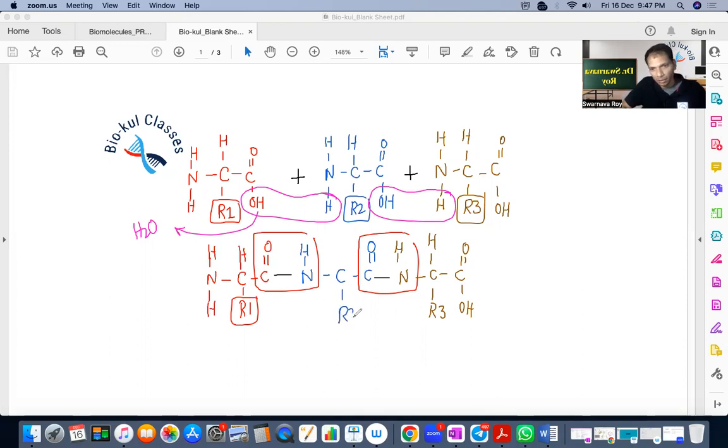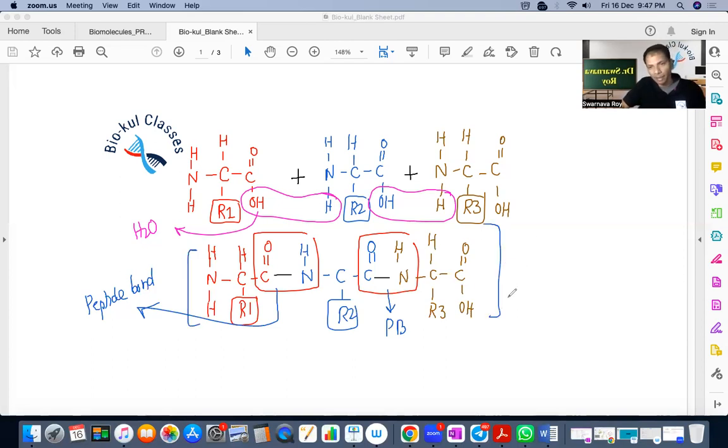So this is R2 here. These are the peptide bonds. This is also a peptide bond. And this can keep on adding and adding. So I can draw a third bracket and put an n, and n can stand for 1,000 to 10,000, even higher numbers of amino acids.